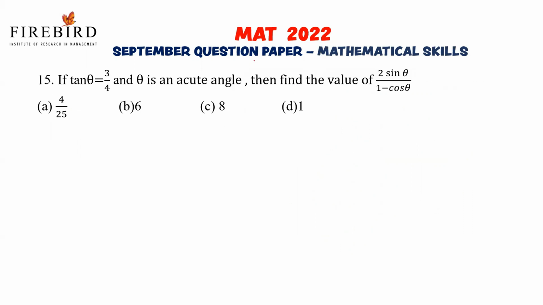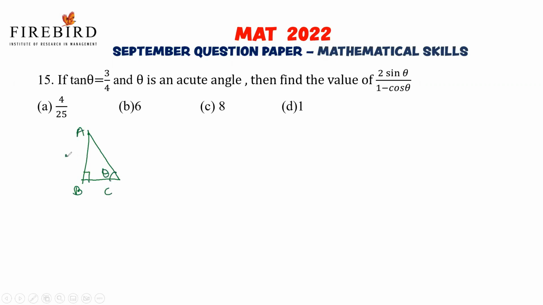Next. You should know one thing: trigonometry. So many questions were asked in various batches in the September Math 2022 exam, so you should know the concept of trigonometry. Let us consider a right angle formed at B, and this is theta.